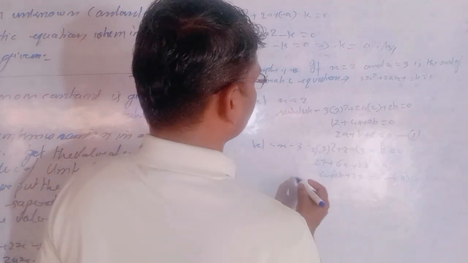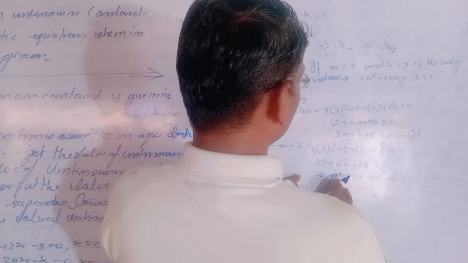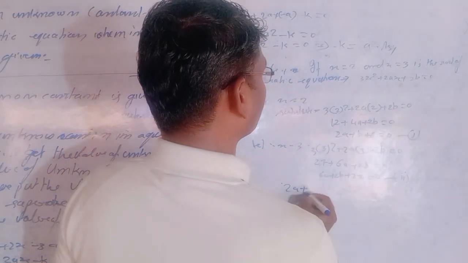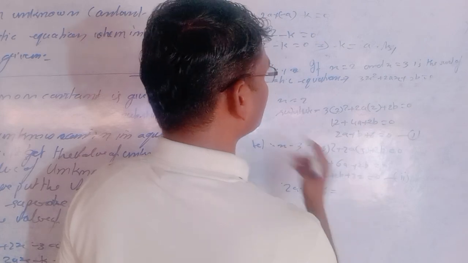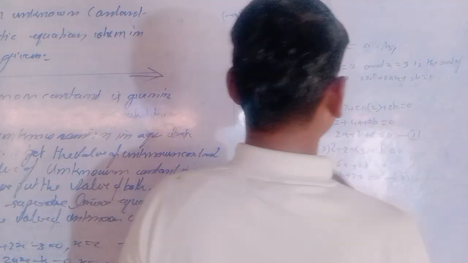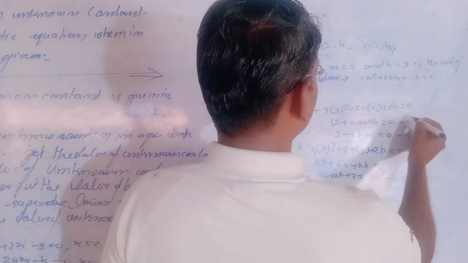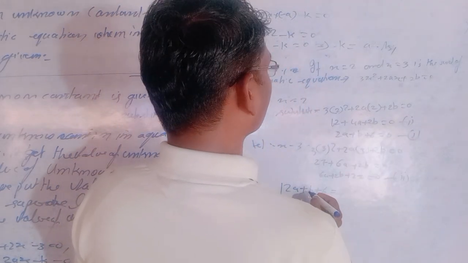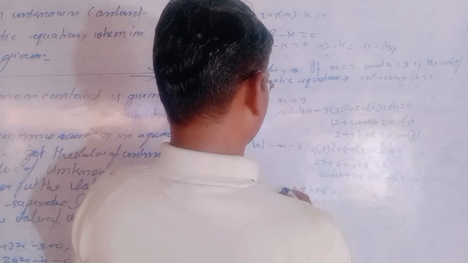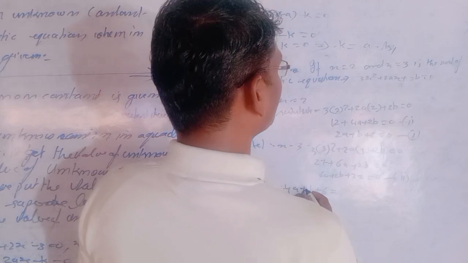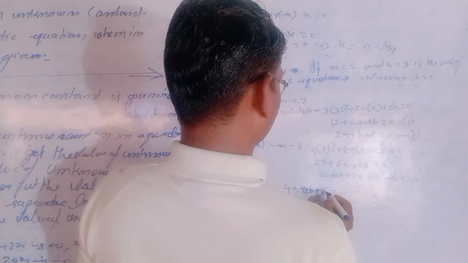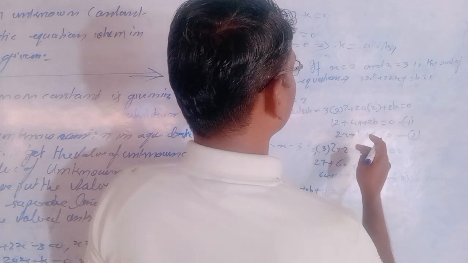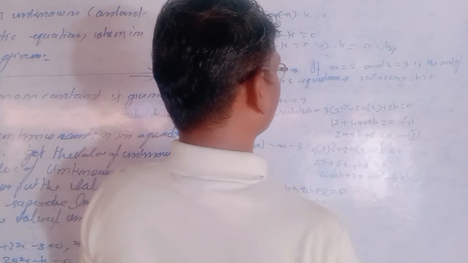Now solve from the second and the first equations. The first equation, multiplied by 2, becomes 4a plus 2b plus 12 is equal to 0.